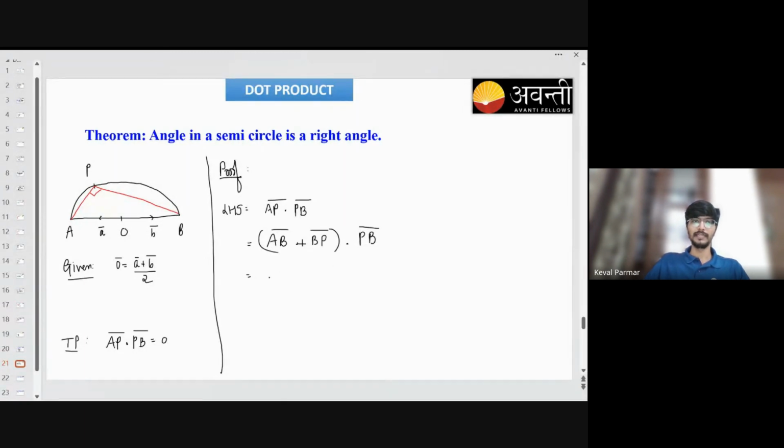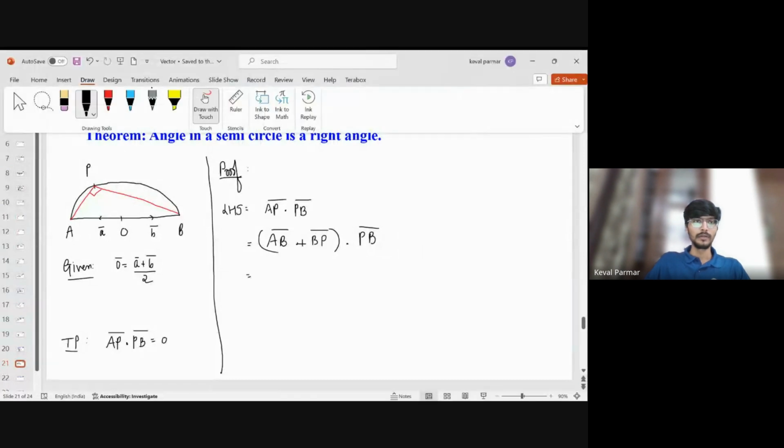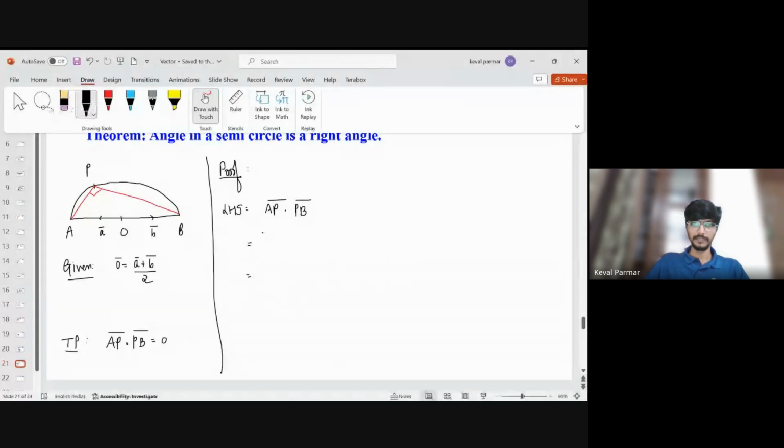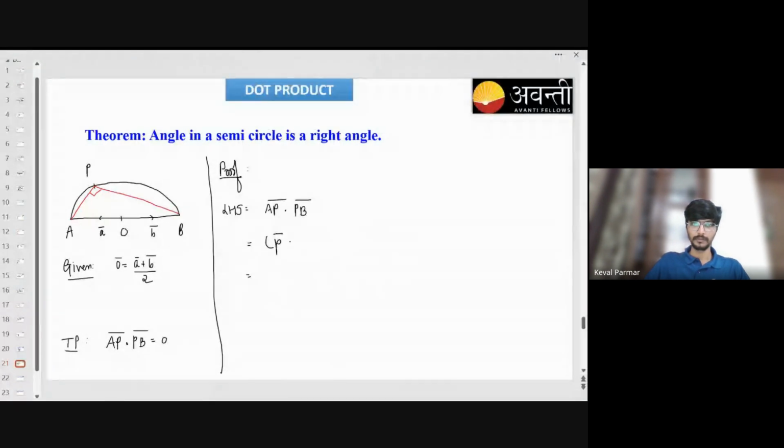So I'll get, okay, I think we can write this P bar minus A bar dot B bar minus P bar. We can take minus common.